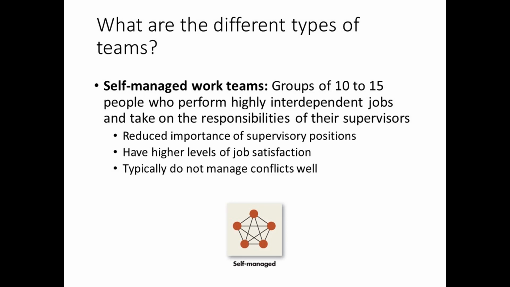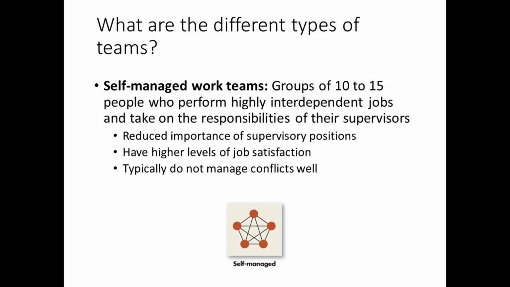Self-managed work teams can have a leader, but the people that they report to are outside of the team and take a more hands-off approach to managing that team. Because these teams have so much responsibility, they tend to be larger than some of your other teams, 10 to 15 people, sometimes more.